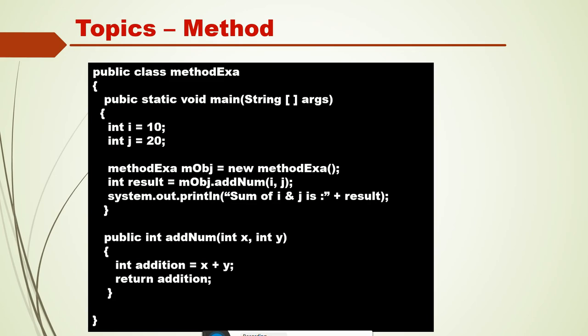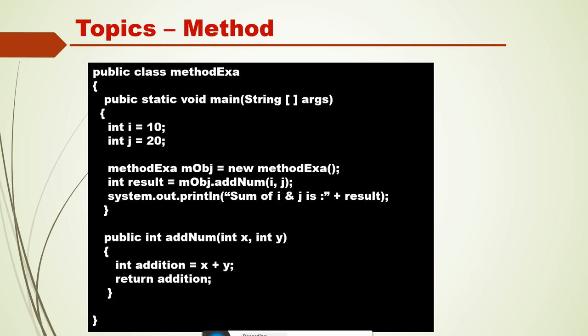Here I initialize two variables of type integer: int i equal to 10 and int j equal to 20. The next statement creates an object of the class MethodExample.